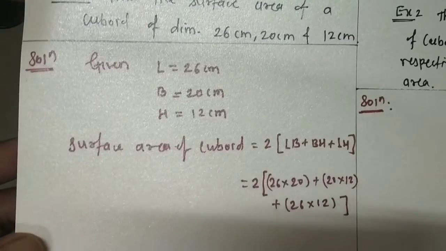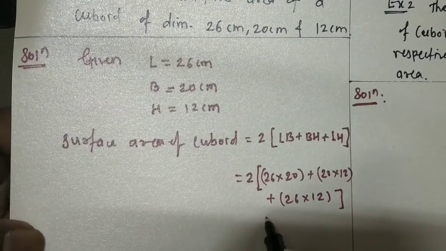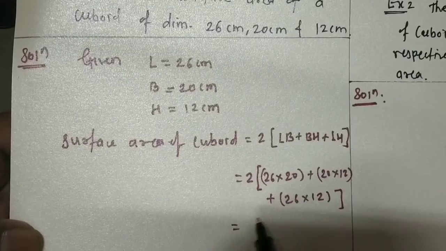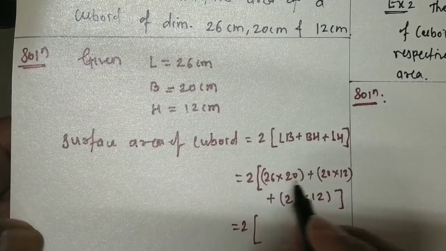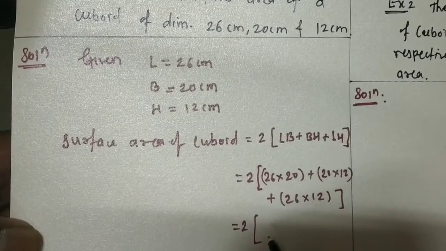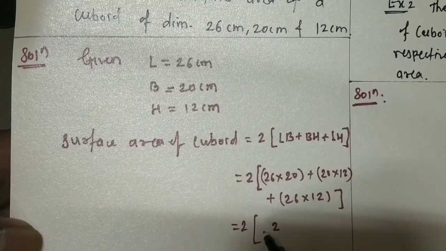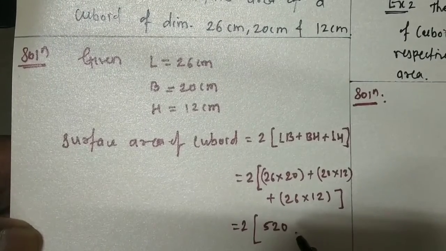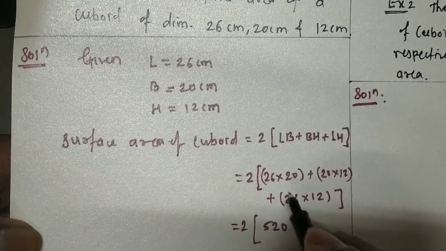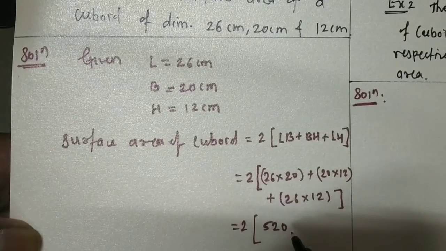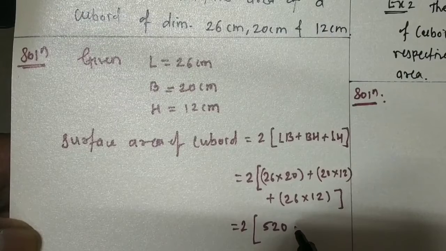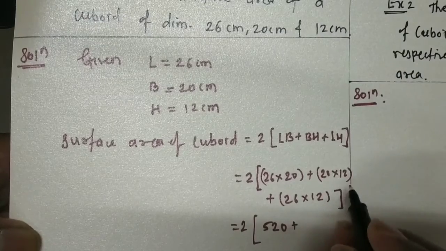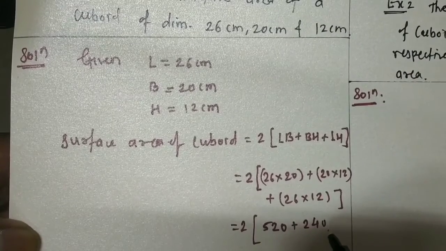Now we will simplify this. So this is equal to 2 into, what is 26 into 20? 2 sixes are 12, 2 twos are 4 plus 1 is 5, so 520. Plus 20 into 12, which is 240.